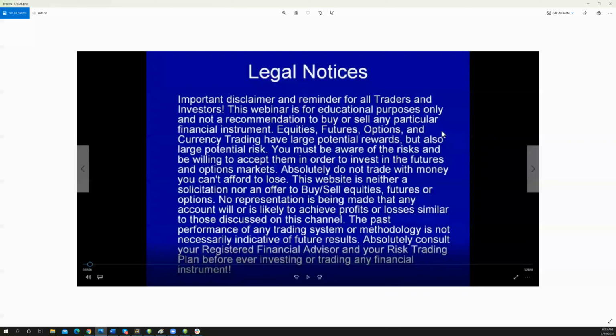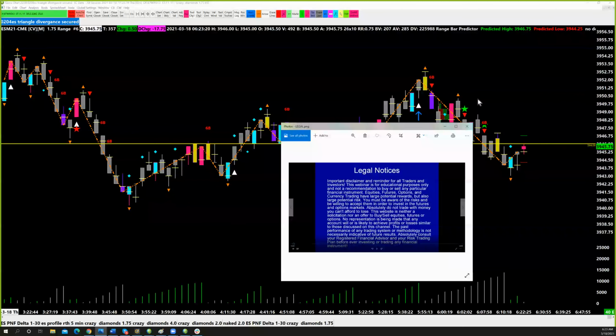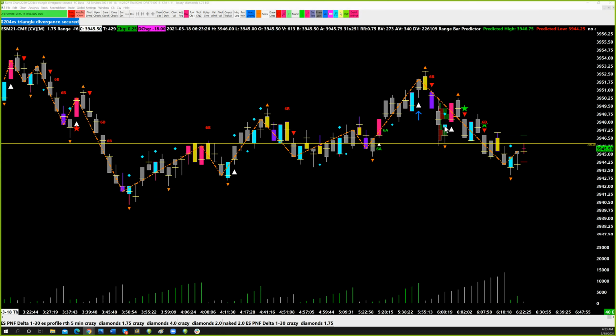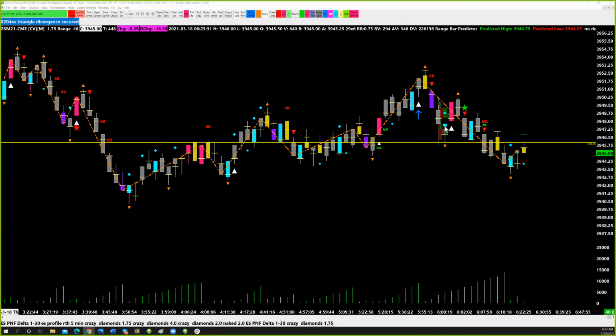If you will please first read this disclaimer. Basically, it says past performance is not indicative of future results. This is for educational purposes only. I'm sharing my trade plan with you in hopes that it'll make you a better trader. However, my trade plan is not, I want to repeat, is not designed for everybody. It simply does not suit everyone's trading style.